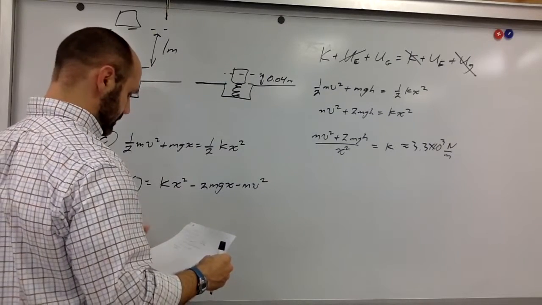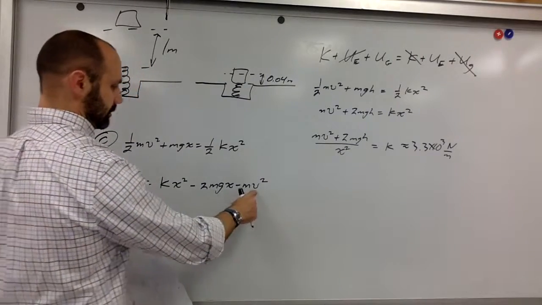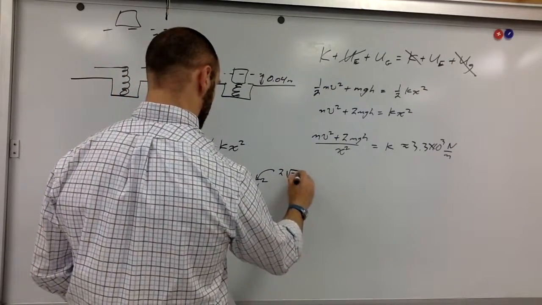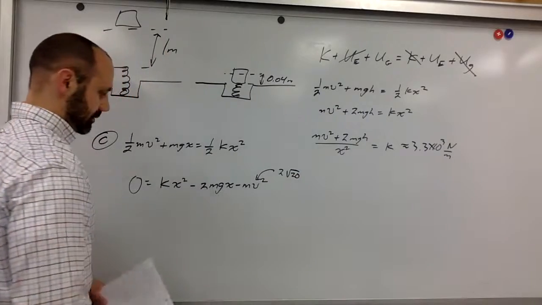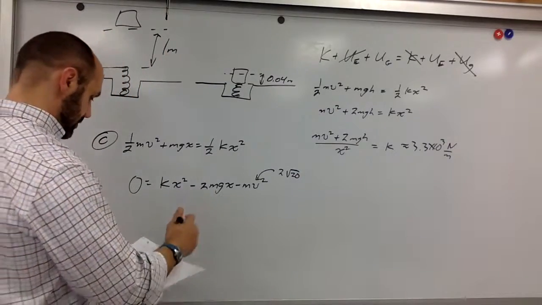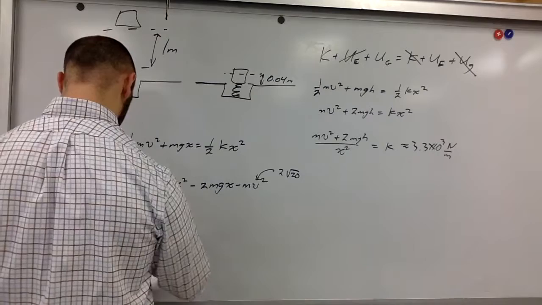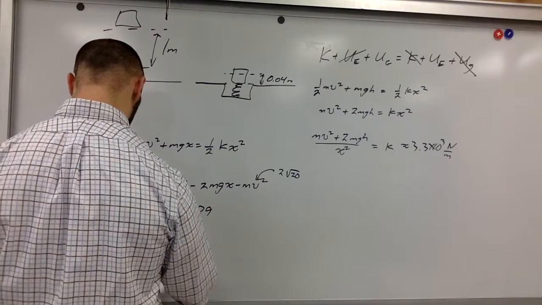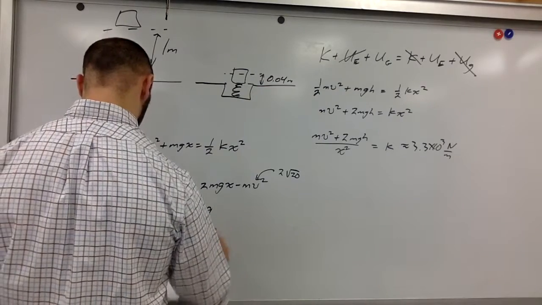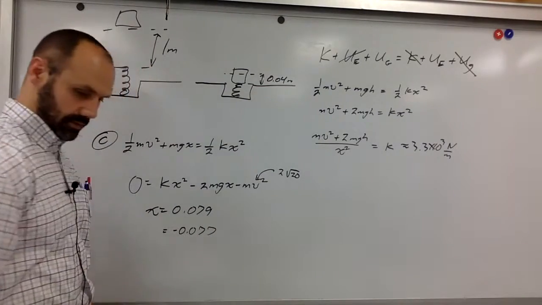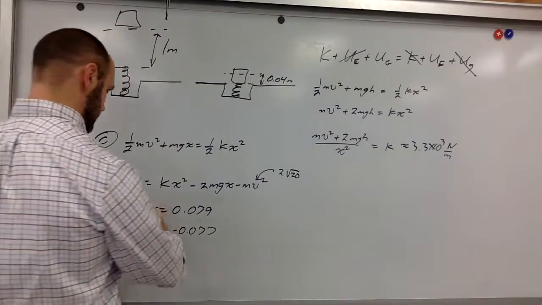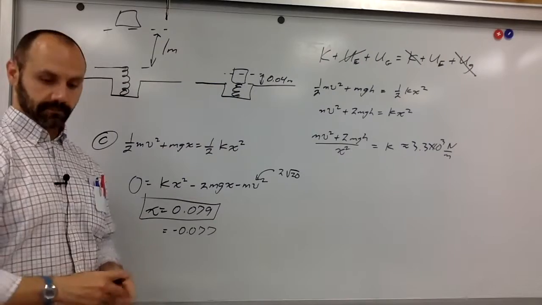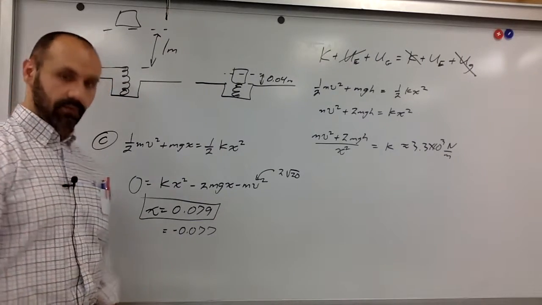And for v I'm going to plug in 2 times the square root of 20, because square root of 20 was our velocity from before. And when you do all that, you should end up that x is equal to 0.079 or negative 0.077. And we're looking for the positive number, so it's going to be this. This is our new compression of the spring. Okay, and that's it for 7.7.